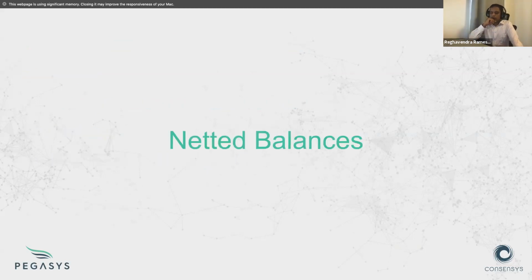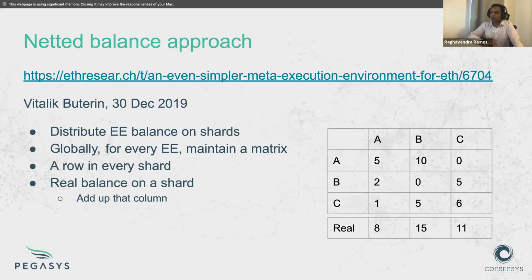Okay, so another approach was published by Vitalik again, late December last year, mainly to overcome the disadvantages of sequential processing and the disadvantages of keeping receipt trees and Bitfield trees around. So the main idea of this approach is not to have one single balance of the EE on one shard, but to distribute it across shards.